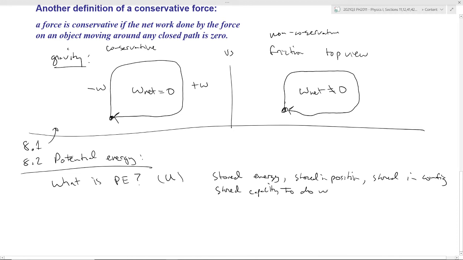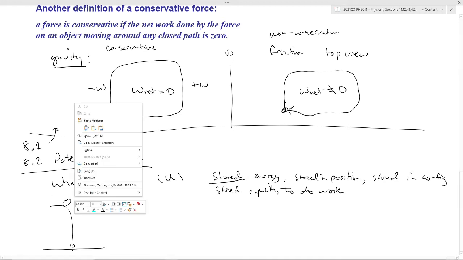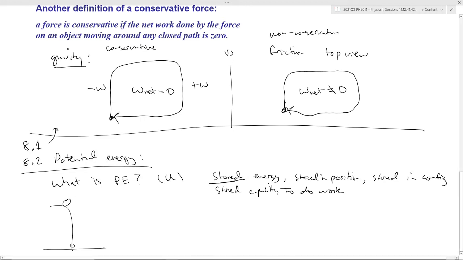To connect to what we did in the last chapter, this idea that it's stored is the main thing. Again, our go-to example is gravity. You probably know this intuitively: if you have an object at the top of a cliff, you have a sense that the object has energy stored in its position because of gravity.